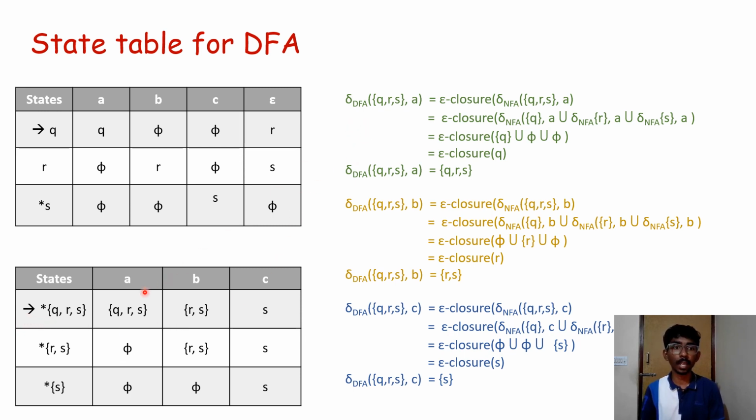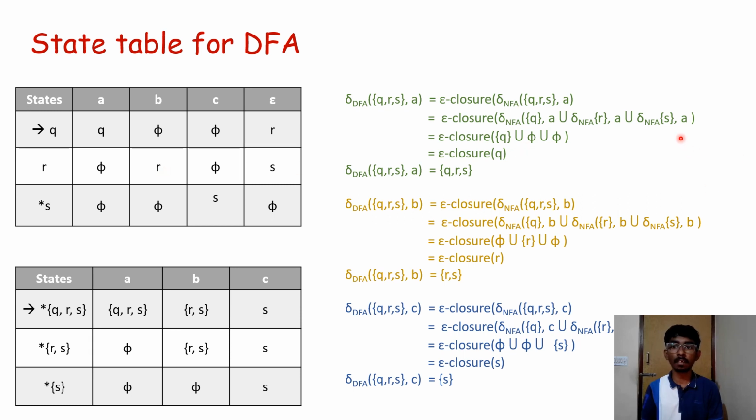Now, to get the next states, we have to give inputs A, B, and C. So we'll check with all three inputs A, B, and C. On giving input A for QRS, we get the epsilon closure of the NFA transition on QRS with input A. It is nothing but the union of the results for Q, for R, and for S. When we give input A to the Q state, we get Q. When we give input A to the R state, we get phi, that is null.